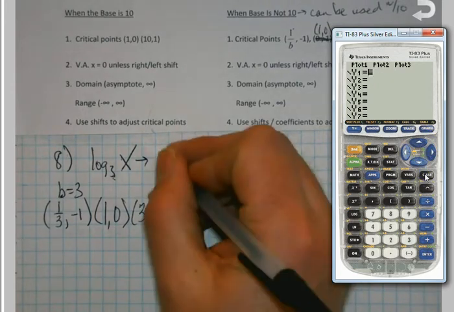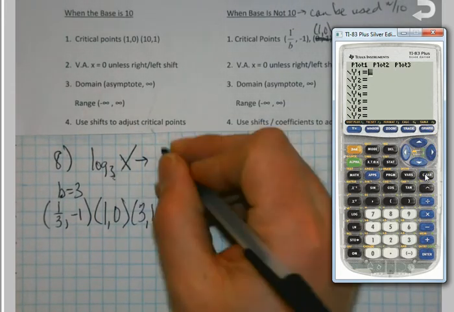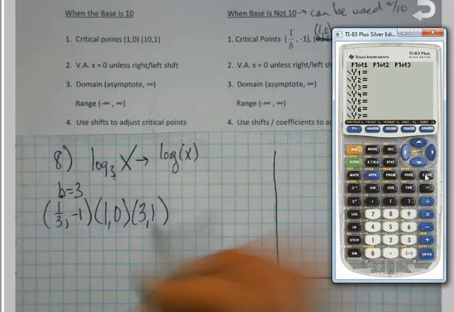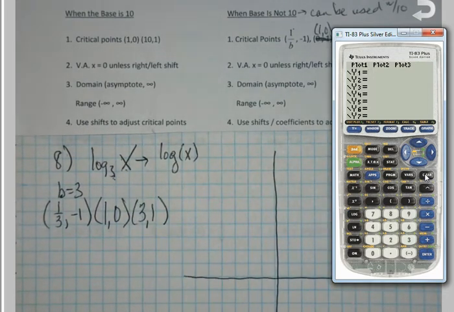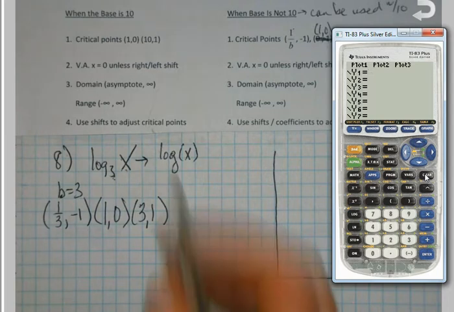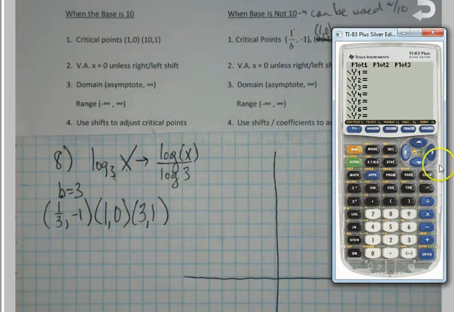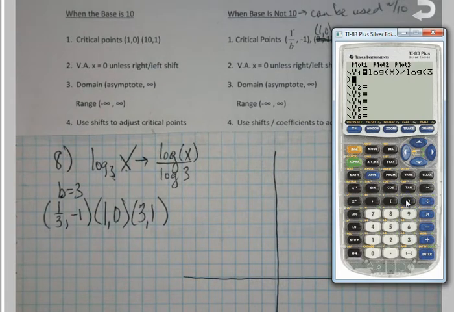And what I would type in is a change of base on this, which basically is I would take the log of my of term, in this case x, and divide it by the log of my base. So it would look like that: log of x divided by the log of 3.